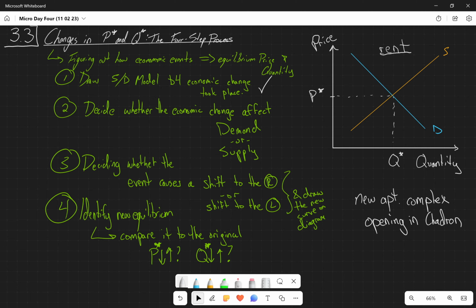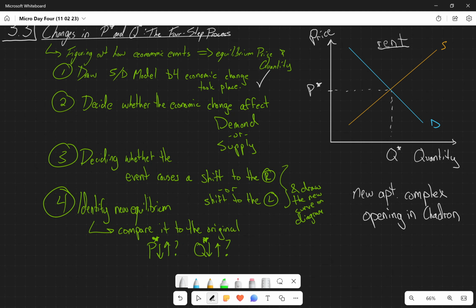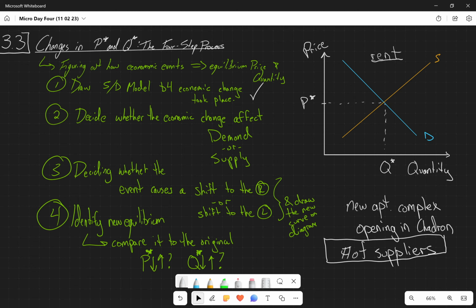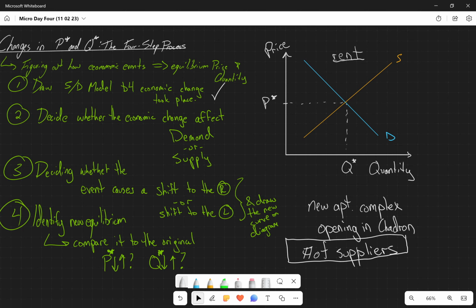And one of the factors of our supply, one of the determinants of supply, is the number of suppliers. The reason for this is because this supply curve really is nothing more than the willingness of existing apartment and homeowners to rent their property out.